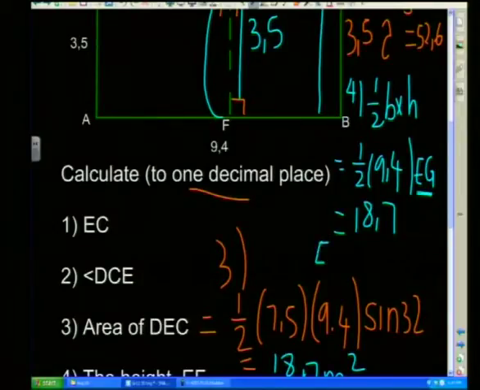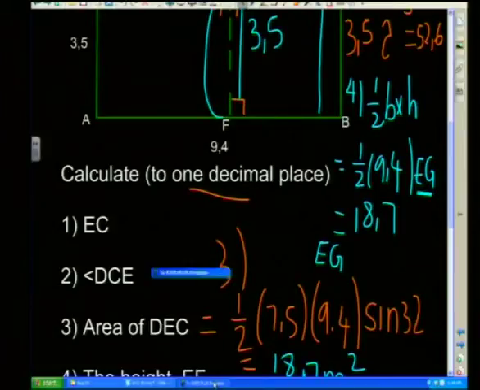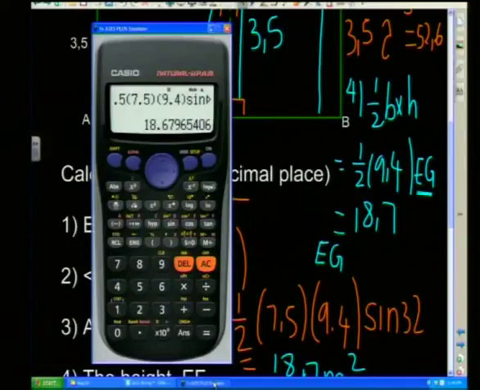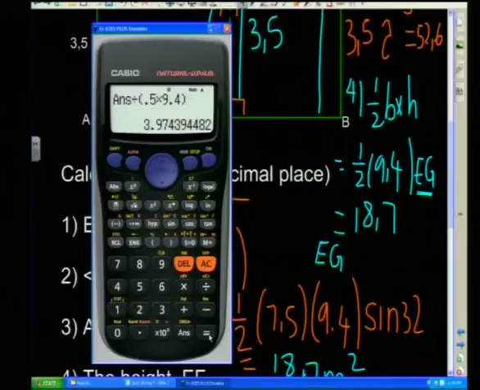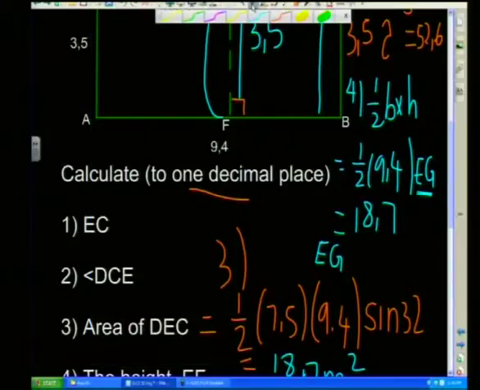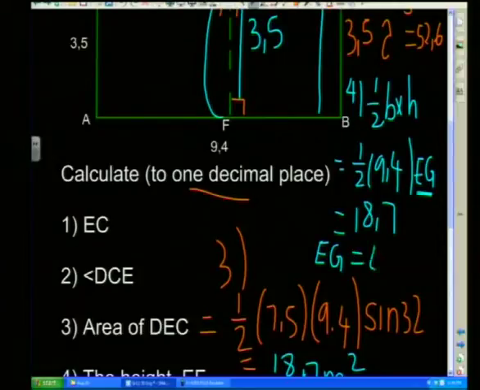We've already rounded off 18,7, so we're going to divide by 0.5 times 9,4. And that's going to give us 3,97. If we round that off, we're going to get 4. So therefore, EG is going to be 4 meters.